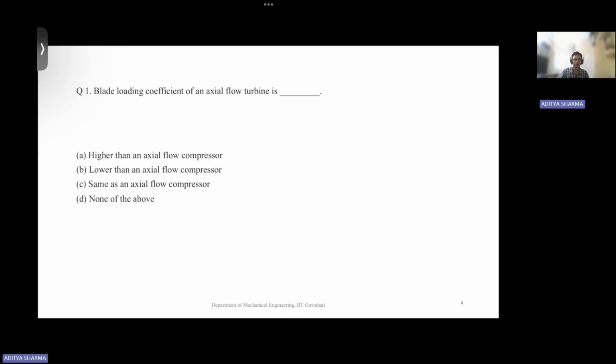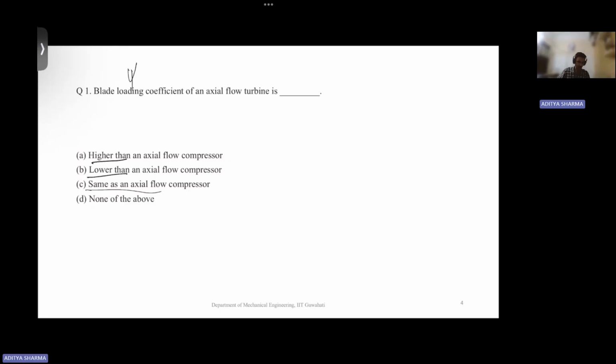Then we have to compare this blade loading coefficient for your axial flow turbine with your axial flow compressor. If we compare these two values, what can we comment? The first option is that psi is higher than for axial flow compressors. The second is that it is lower than axial flow compressors.